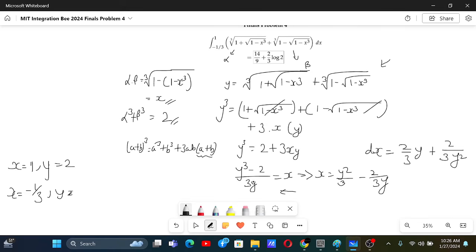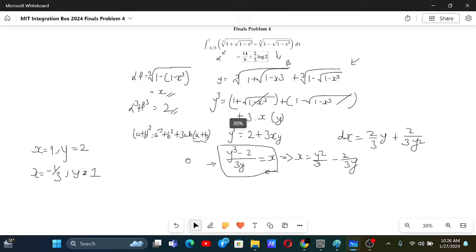That's exactly minus 1 by 3, isn't it? So it's given such that we can find it from this expression. That's why this number is not really random. So y should be 1. Now it will not be that hard.